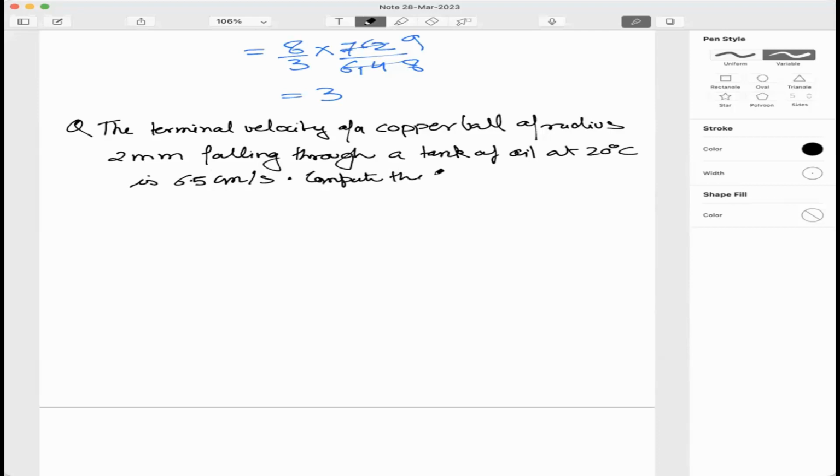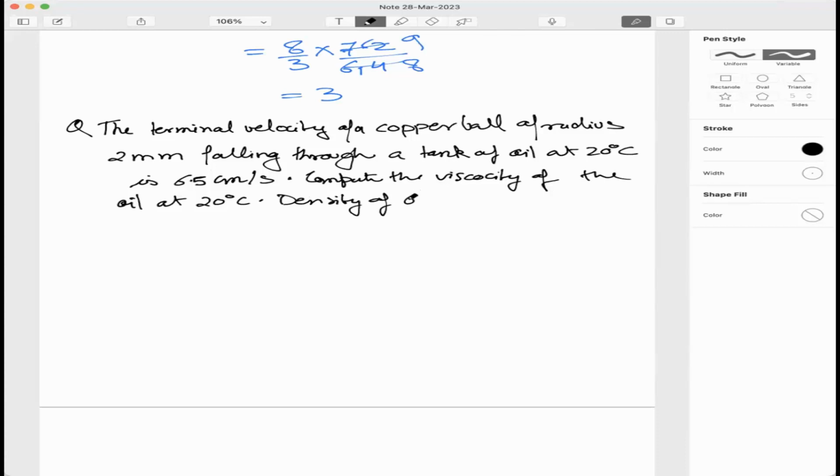Compute the viscosity of the oil at 20 degrees centigrade.